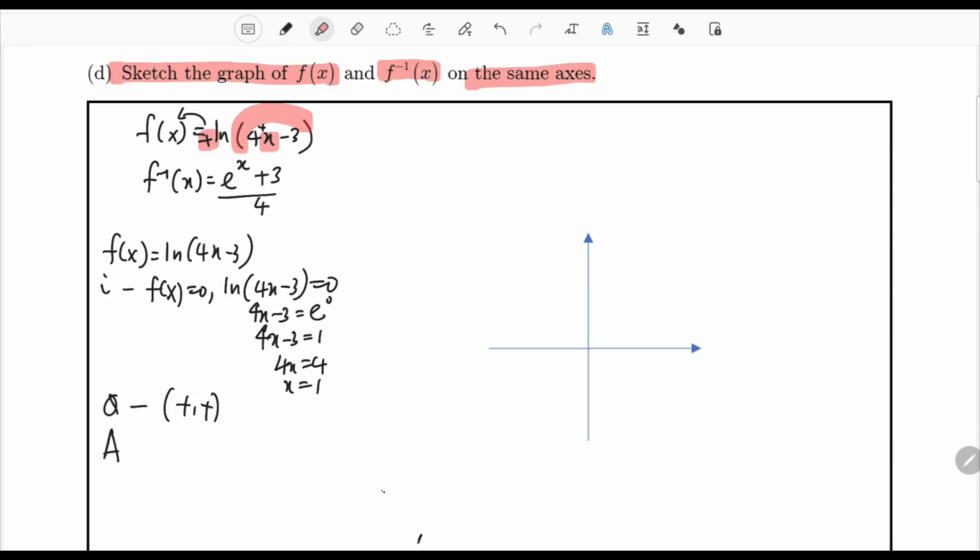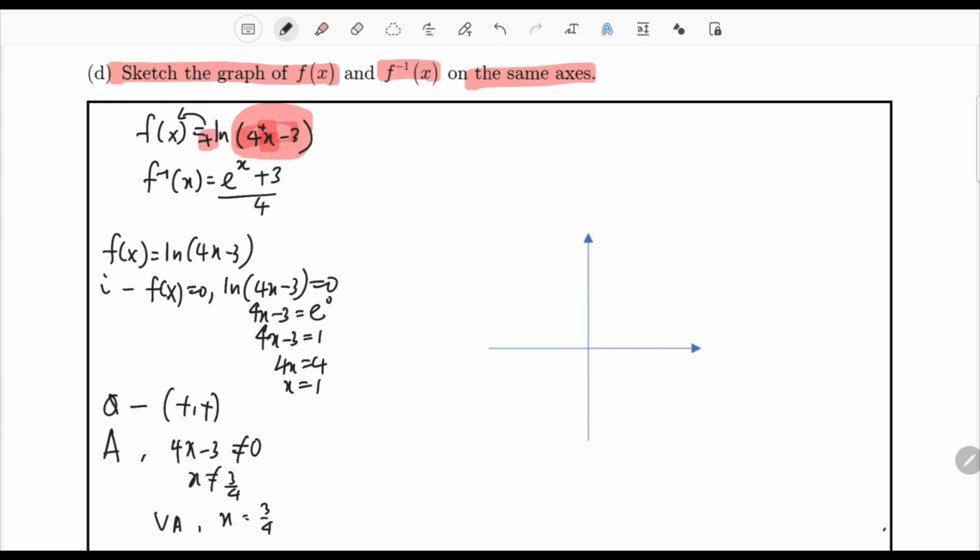That will be from inside the log. So 4x minus 3 cannot be 0 for log. So x cannot be 3 over 4. So your vertical asymptote will be x equal to 3 over 4. Right? We need to know this first before we sketch.